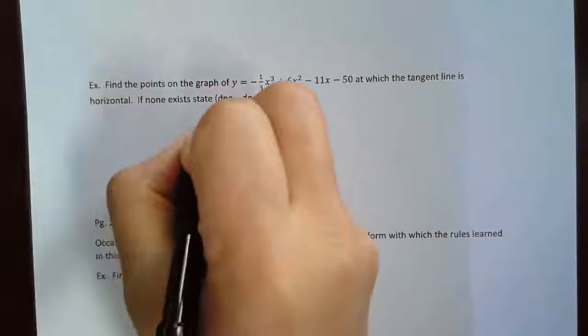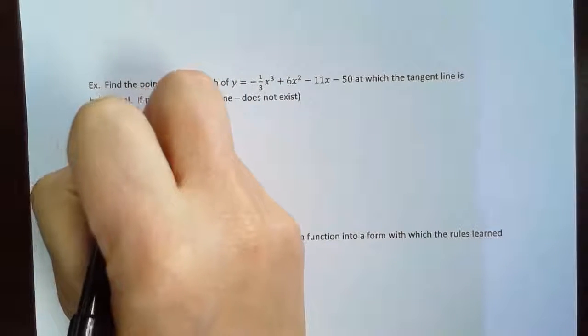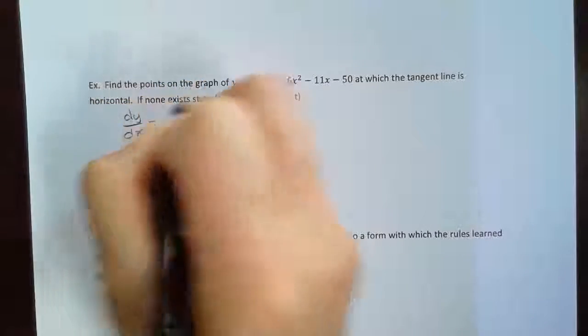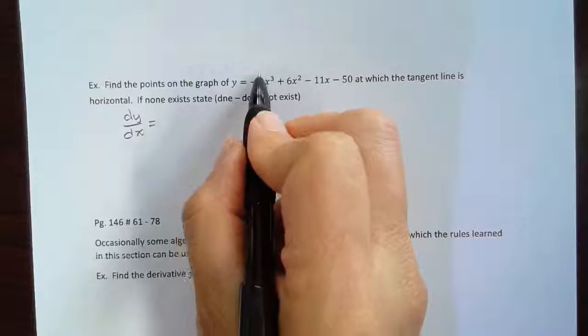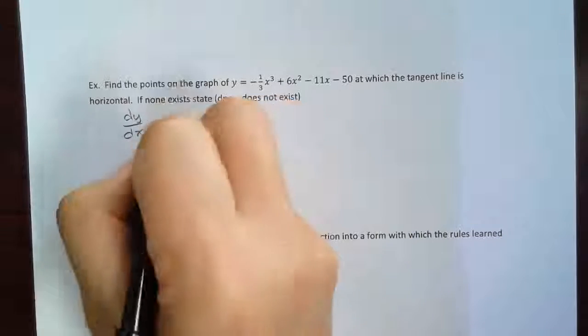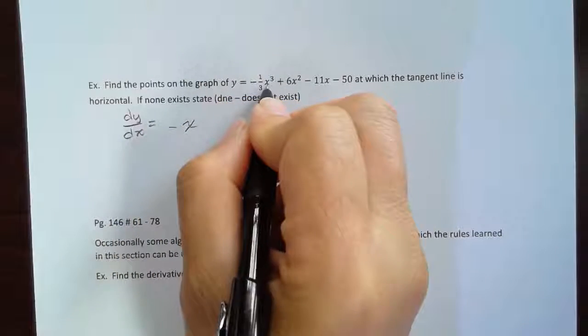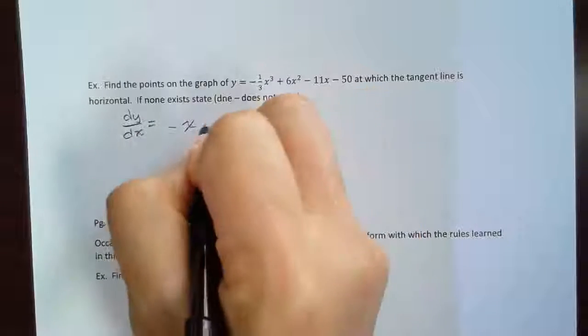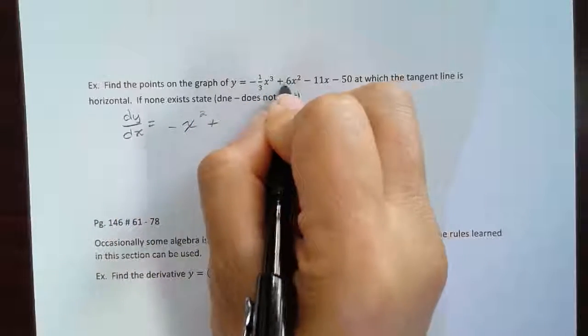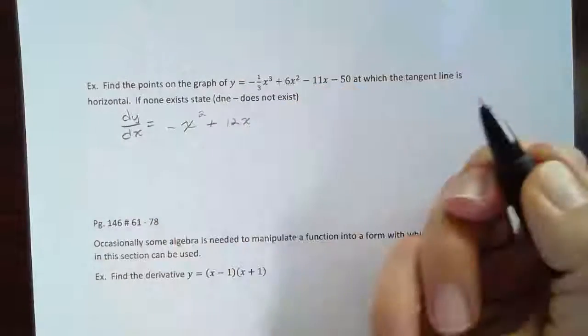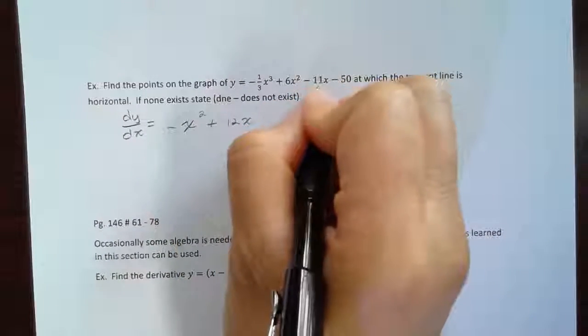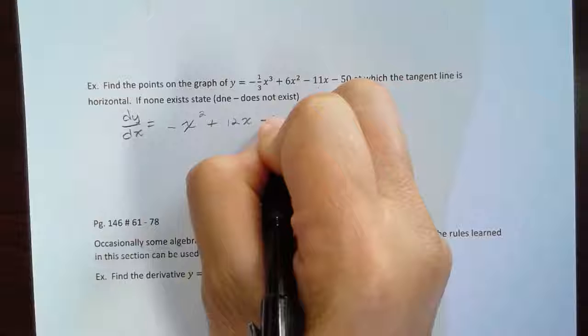Okay, so first thing we need to do, find the derivative, dy/dx equal to negative 1/3 x cubed. 3 times 1/3 is going to be just 1, so this will be a negative x raised to 3 minus 1 will be 2, plus 2 times 6 is 12, minus 1 will be just x to the 1. Derivative of negative 11x will be negative 11, and derivative equal to 0.